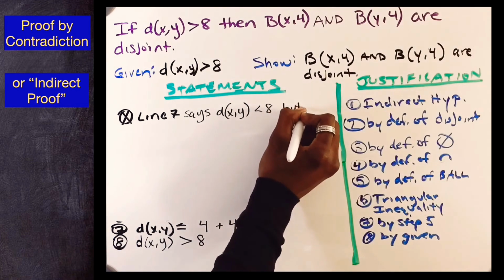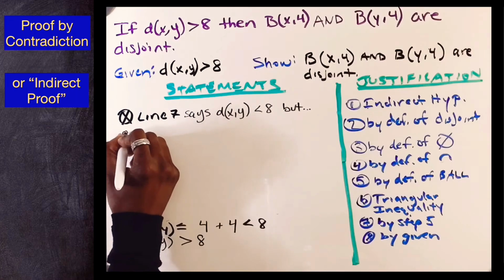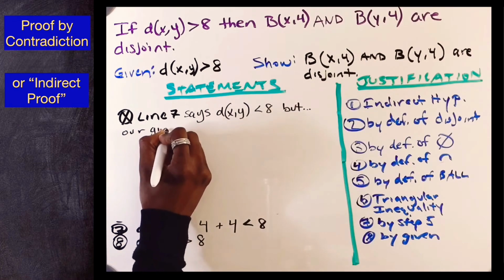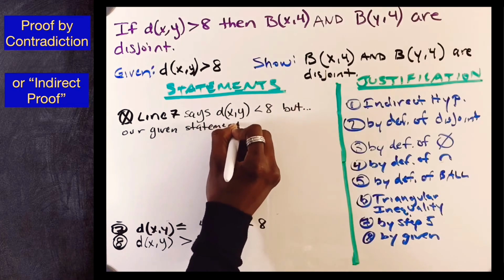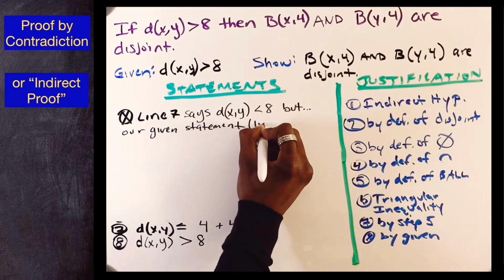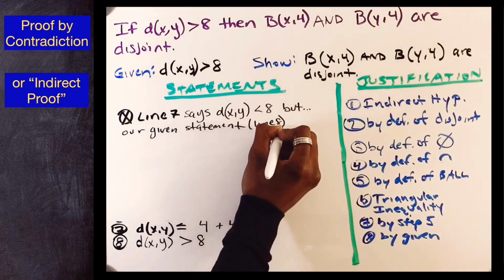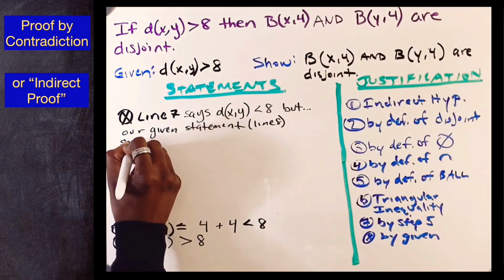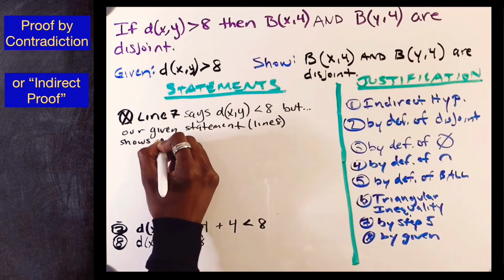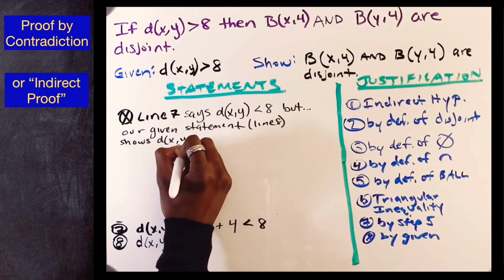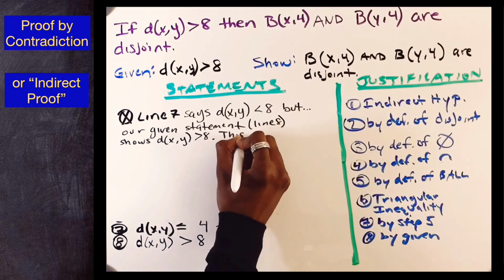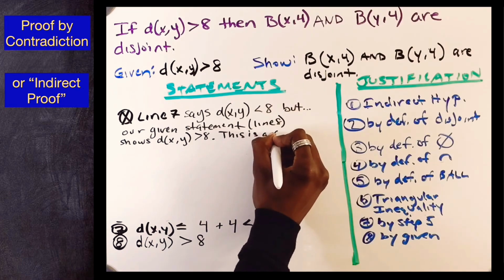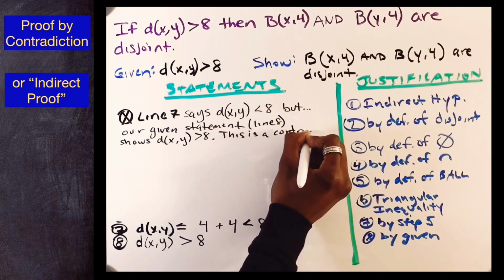But our given statement, which is line 8, shows that the distance from X to Y is greater than 8. This is a contradiction.